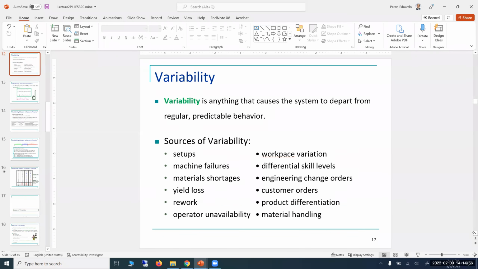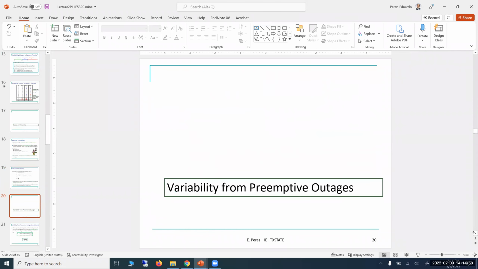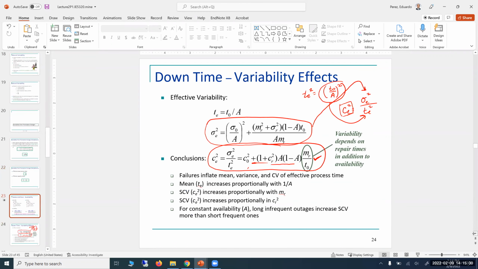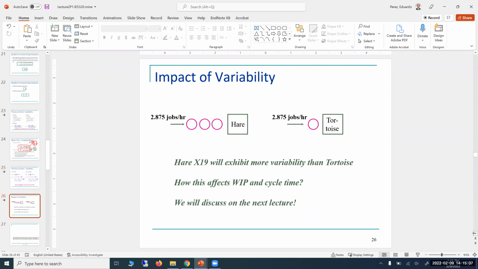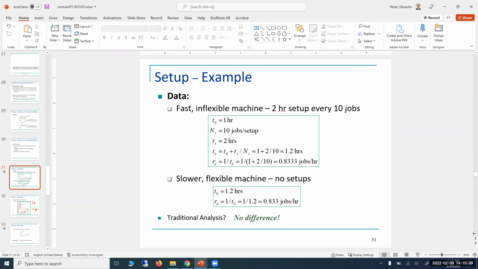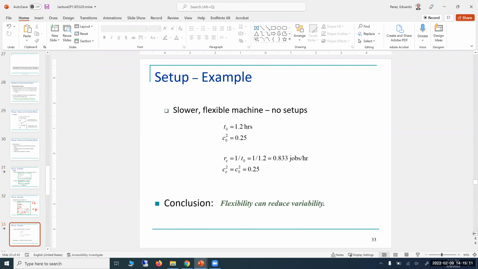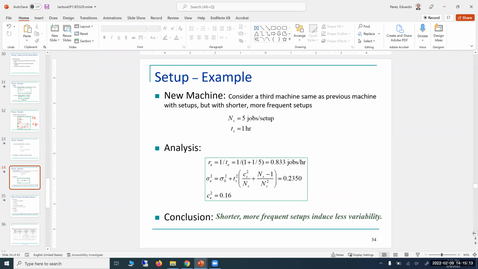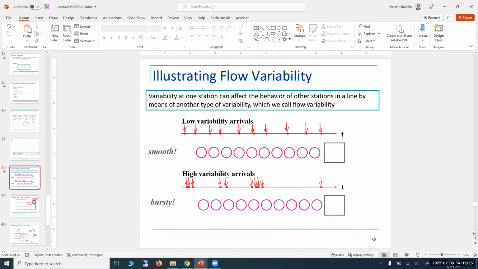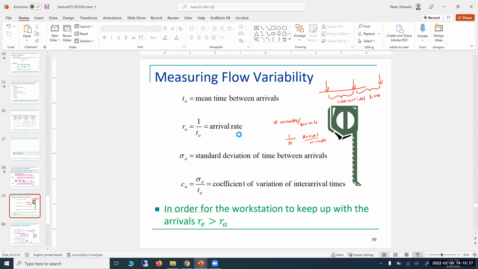Okay. I apologize, I thought I had a slide with all the parameters, but that's not the case. So, okay, let's go back to.